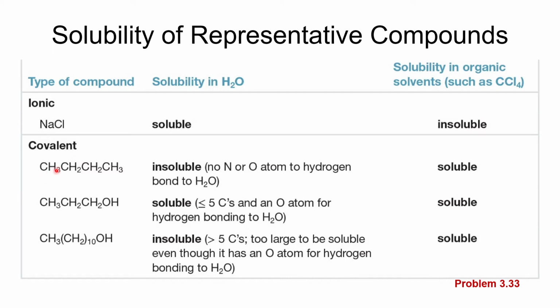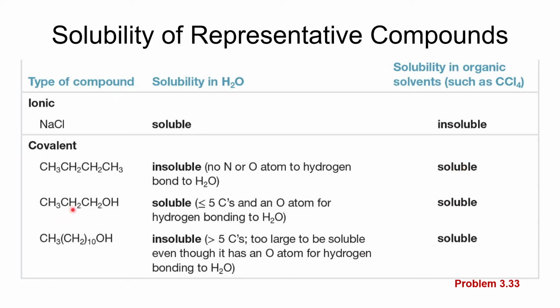For something that's completely nonpolar, it's typically going to be insoluble in water. There's just no interaction. The only thing you get there are the dispersion forces, and those just aren't strong enough to overcome the old interactions you had to give up. So insoluble in water, but it should be quite soluble in carbon tetrachloride, because nonpolar should go together quite well.